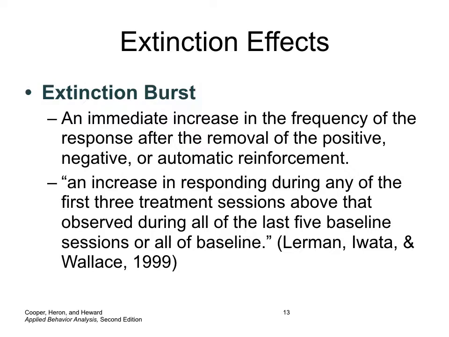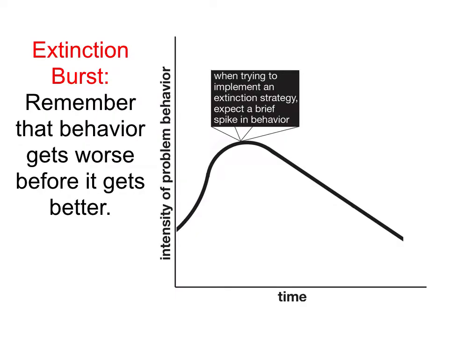It's called extinction burst to define the initial increase in the response, the problem behavior frequency. Which means if a teacher withholds a reinforcer, the intensity or frequency of problem behavior can increase immediately before it gets better.